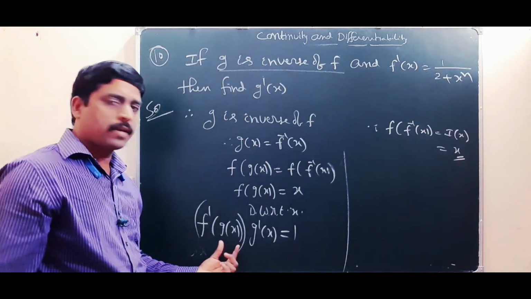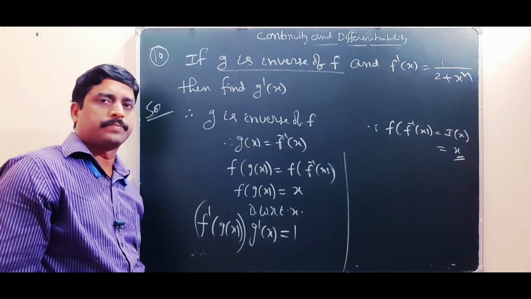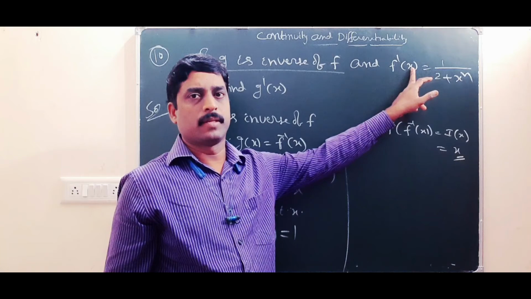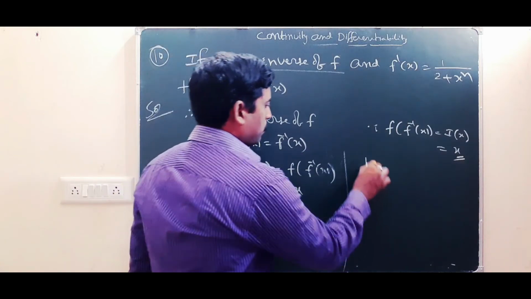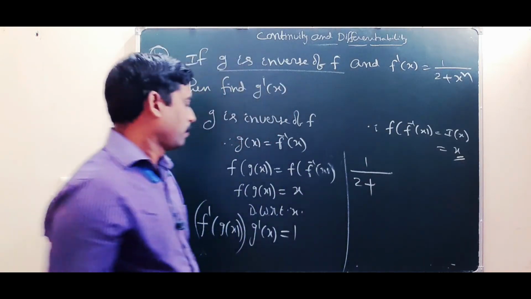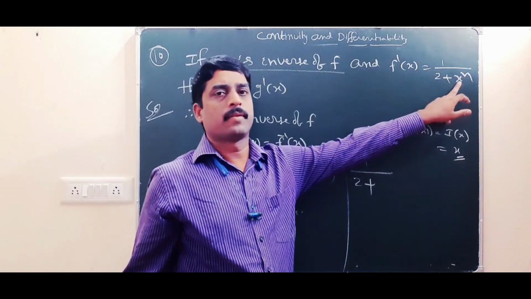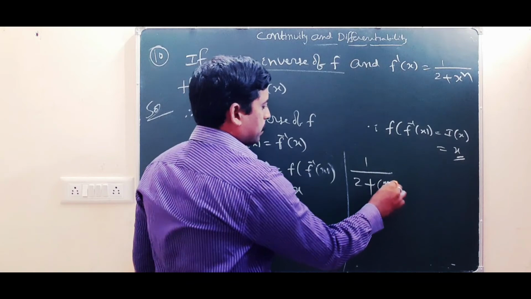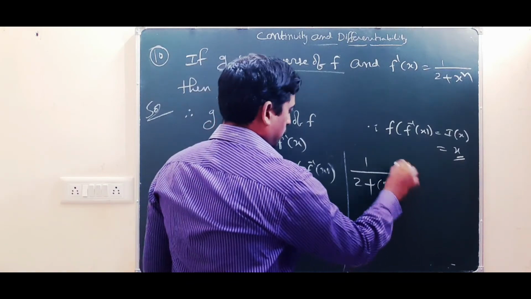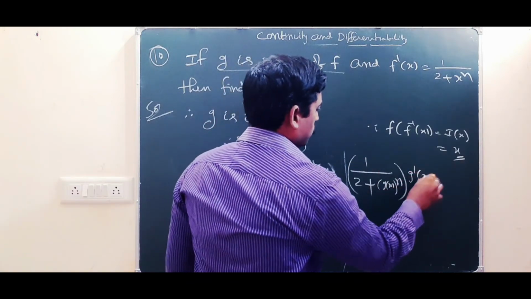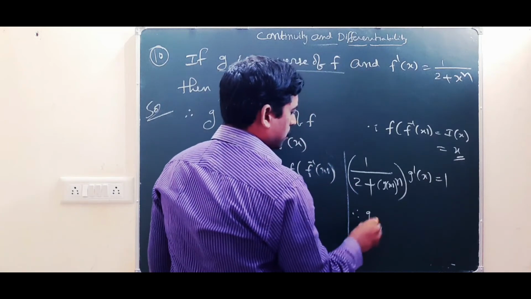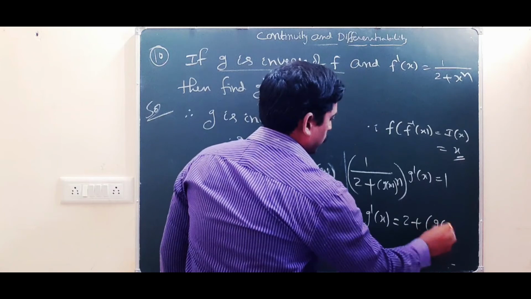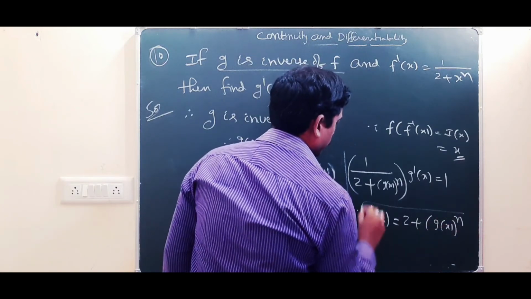What is required is f dash of g of x, replacing x by g of x in the statement. So 1 by 2 plus g of x to the power n into g dash x equals 1. Our target is g dash x. G dash x is equal, let us do cross product, to 2 plus g of x power n. So this is the answer.